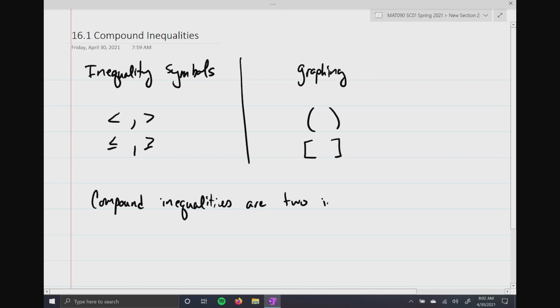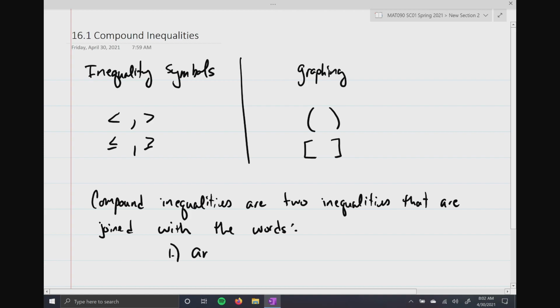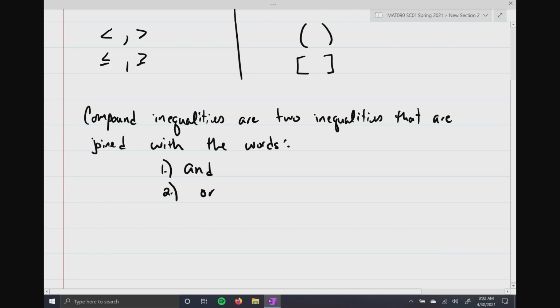Two inequalities that are joined with the words and or or. All right, so you can use either word. Okay? So you're going to have two inequalities that are combined with one of those two words that are listed.